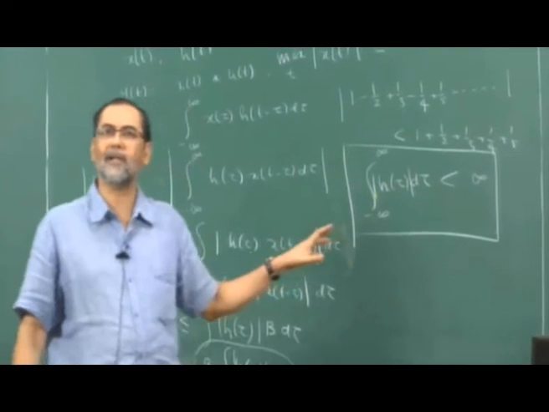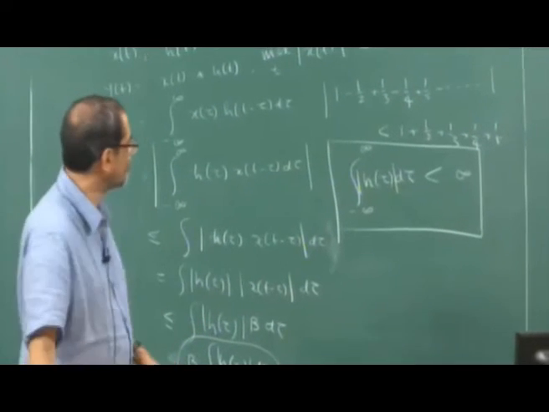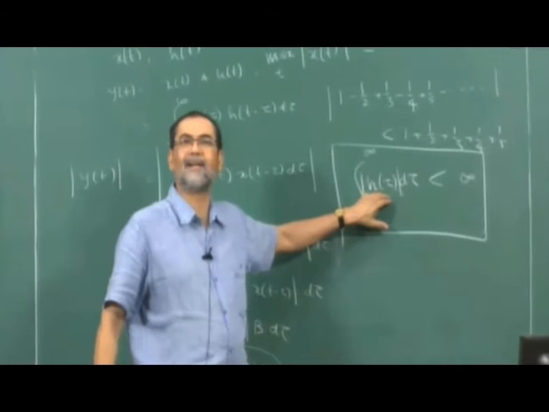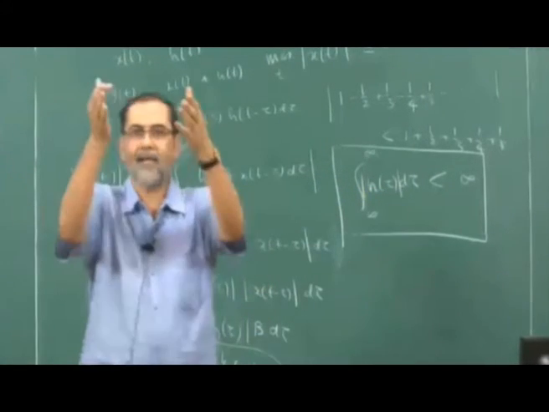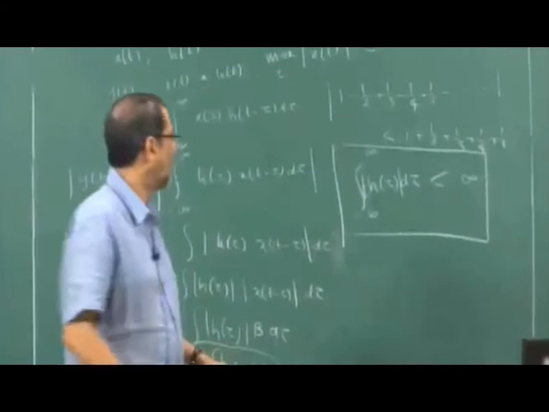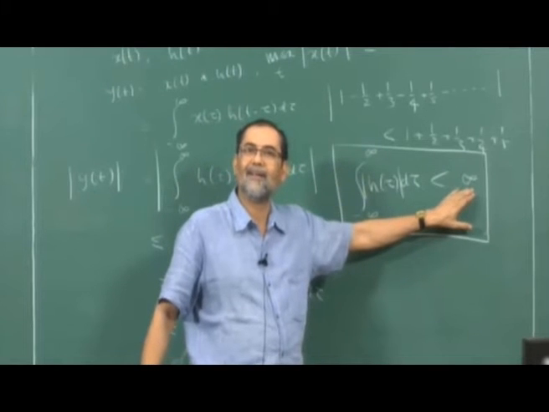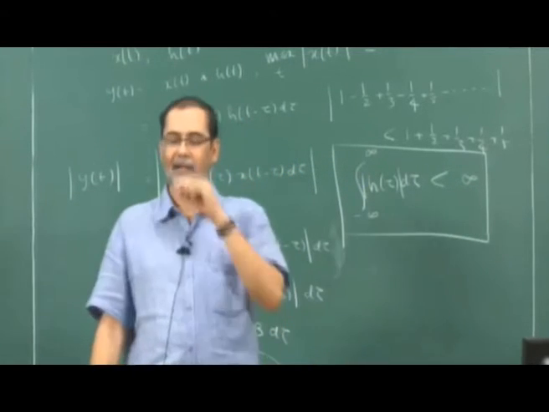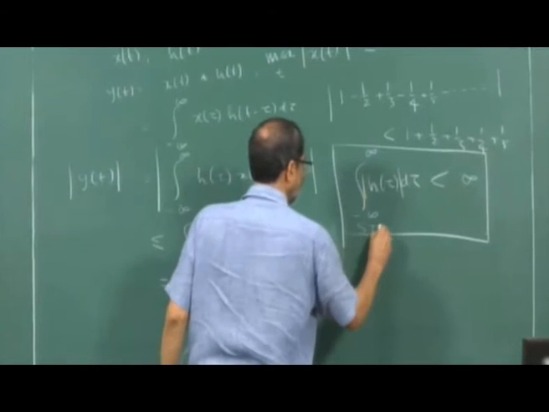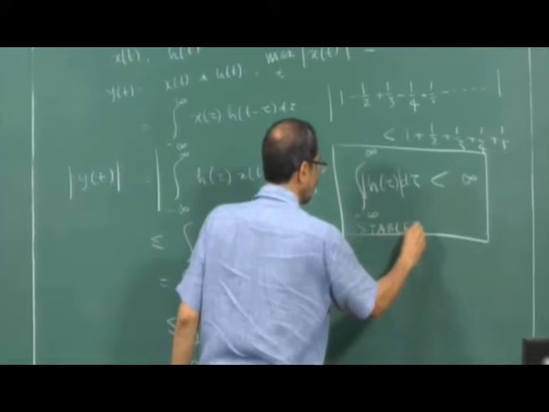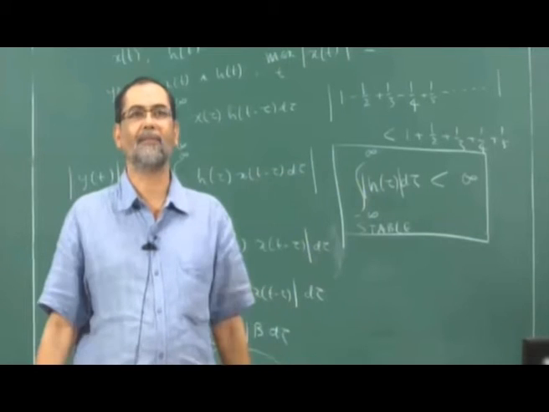Given an impulse response, if it is absolutely integrable, meaning I can take its absolute value and integrate, and that integration is finite, then that is the condition for stability. So given an impulse response, check if it is absolutely integrable. If it is, then the system is stable.